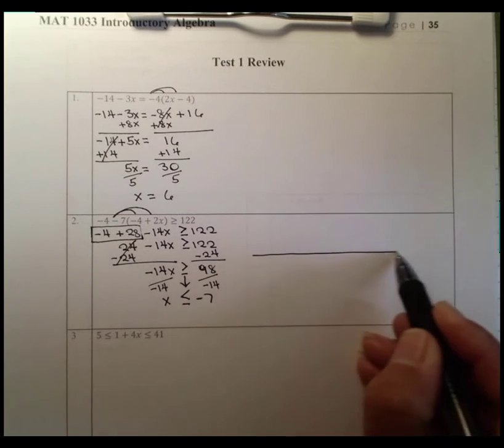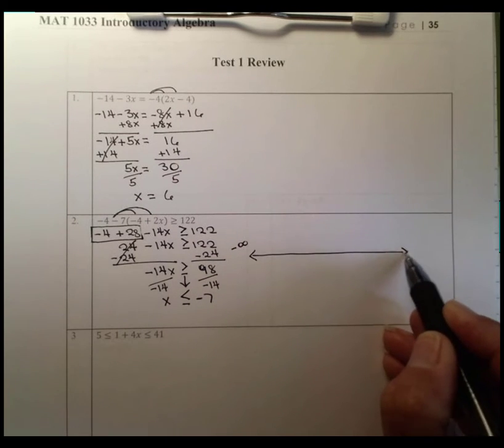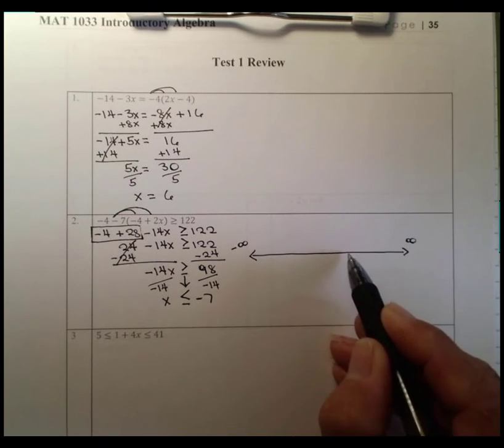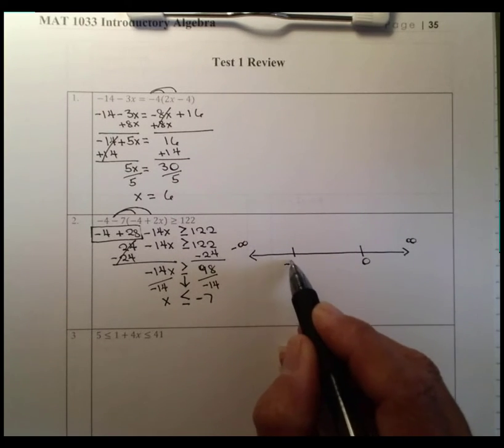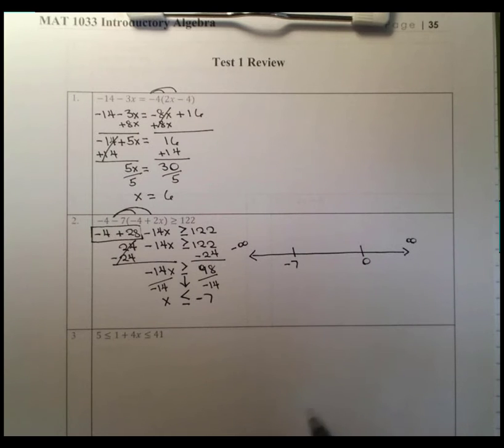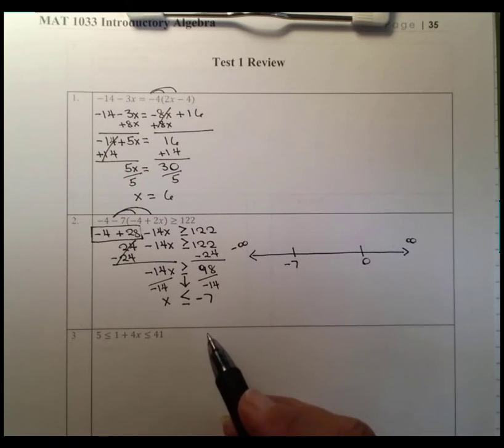So how does this look on a number line? Well, put your number line out here. It goes to negative infinity on this side. It goes to positive infinity on this side. I'm going to put 0 on it, and negative 7. Those are just two points that I know where they are. I just want to make sure I get 0 so I have the negative in relation to it.